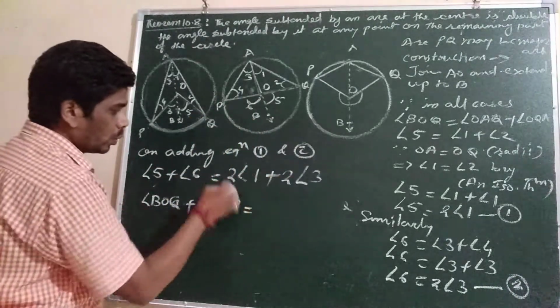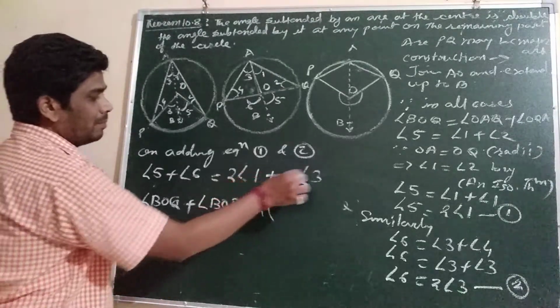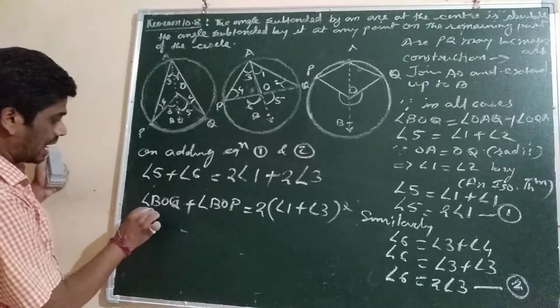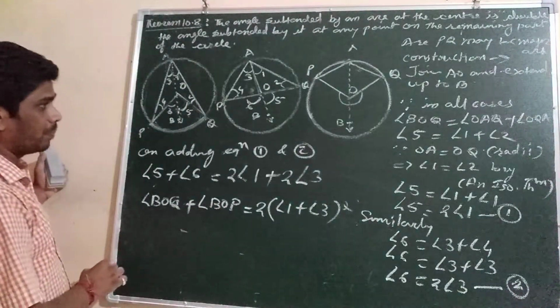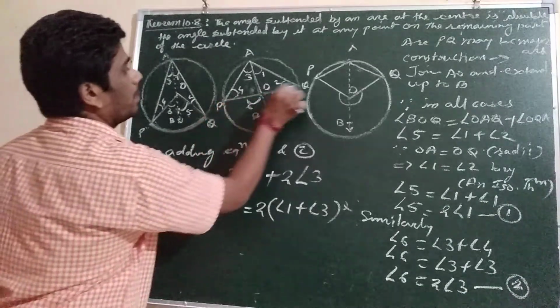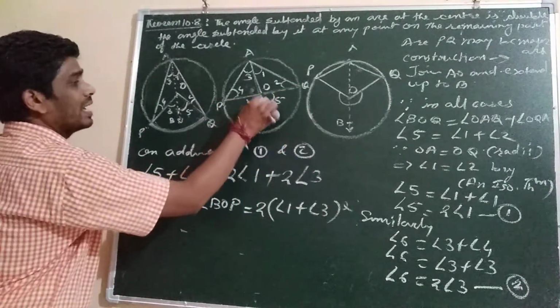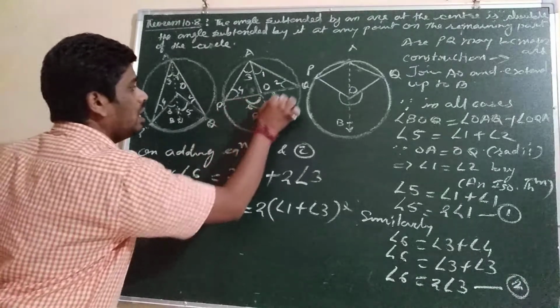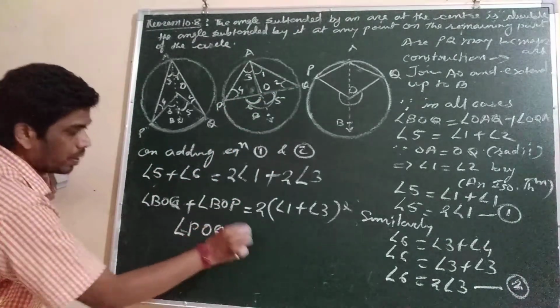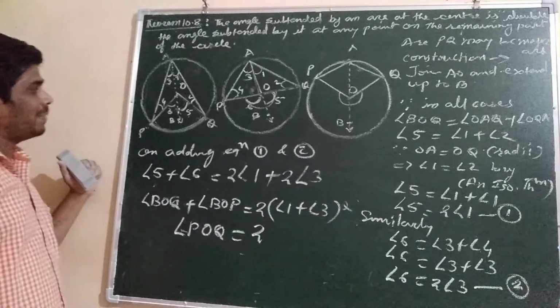equal to 2 times, we will take common, angle 1 plus angle 3. And angle BOQ plus angle BOP will be POQ. So angle 5 plus angle 6 will be angle POQ, so we can write here POQ equal to 2 times angle 1 plus angle 3.